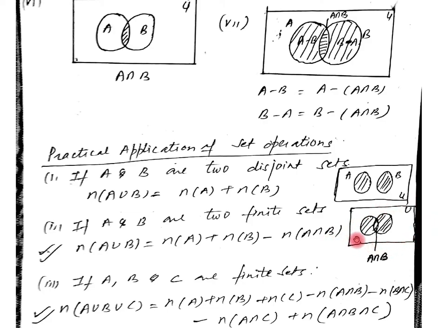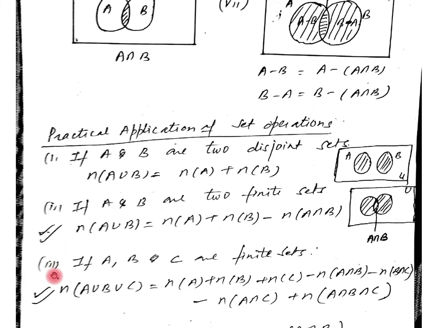This is the Venn diagram of A union B. Then n(A union B) equals n(A) plus n(B) minus n(A intersection B), because when we are counting n(A) and n(B), this portion has been counted twice. Therefore, n(A union B) equals n(A) plus n(B) minus n(A intersection B).